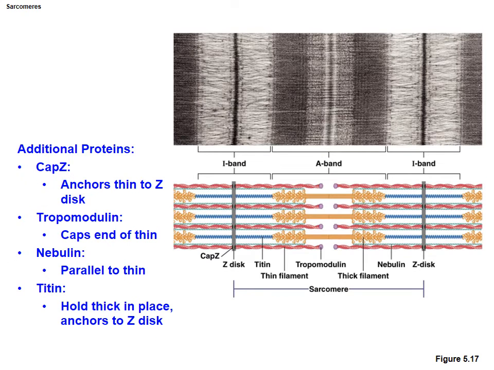And it's really highlighted in this illustration right over here. So go ahead and take a look at your picture all the way on the top, and you can see the striations. You can see them lying on top of each other. I'm talking about the black and white picture. And then notice how you have the I band and you have the A band. The I band stands for light, and as you can see, it's where you have lots of thin filaments located.